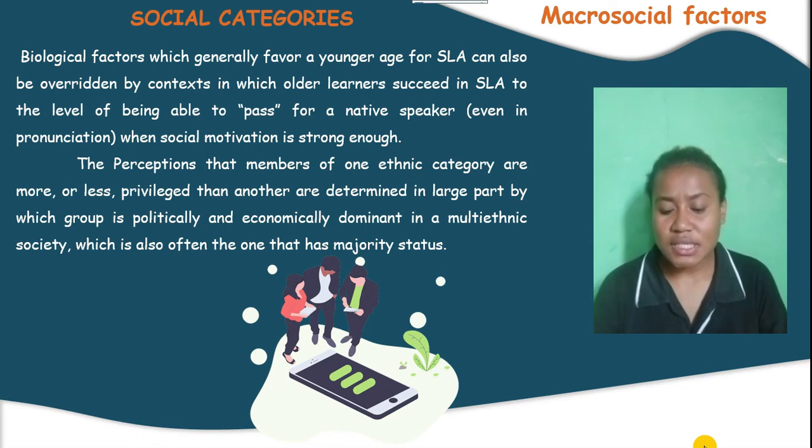The perceptions that members of one ethnic category are more or less privileged than another are determined in large part by which group is politically and economically dominant in a multi-ethnic society, which is also often the one that has majority status.